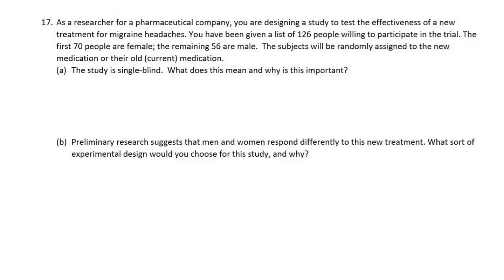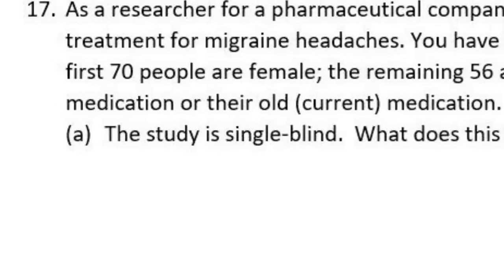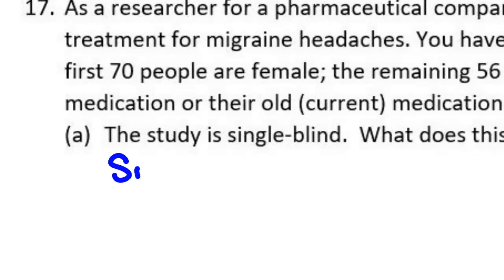The participants are definitely going to know which group they're in. But the people that are measuring their resting heart rate could be in the dark about whether they're in the exercise group or not. So single blind is one of my two groups, either the participants or the researchers, are not aware which group the participants are in.